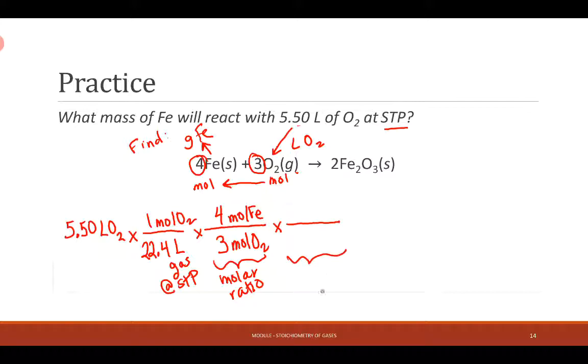Now we need to go from moles into grams. And so anytime we want to go from moles to grams or grams to moles, we have to use our molar mass of iron. 1 mole of iron has a mass of 55.85 grams. So now we can type that into our calculator.